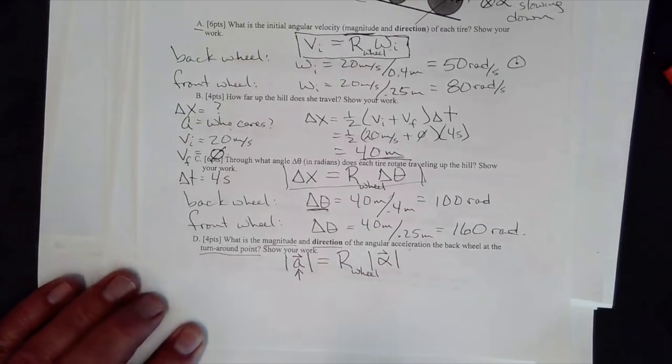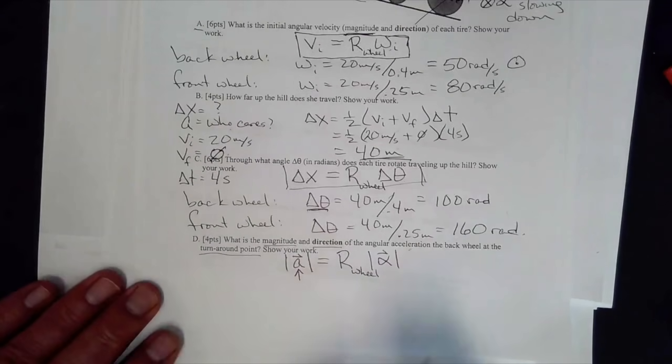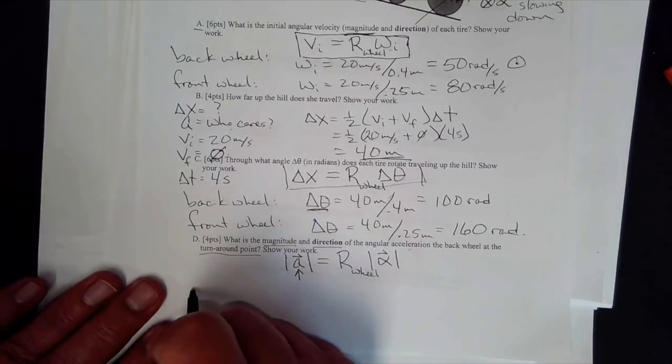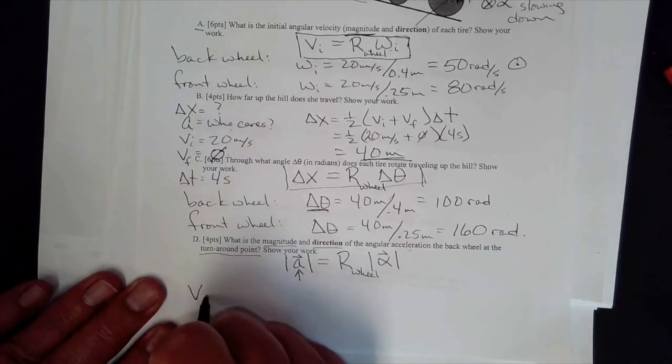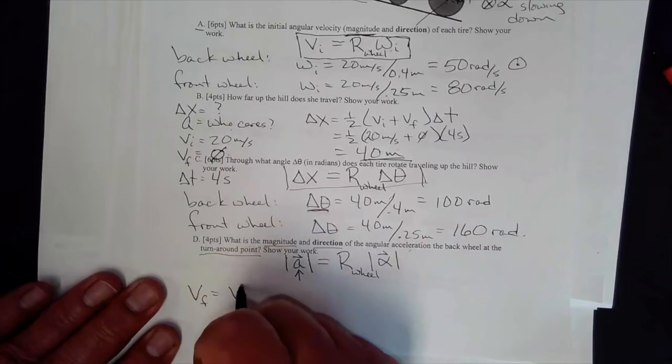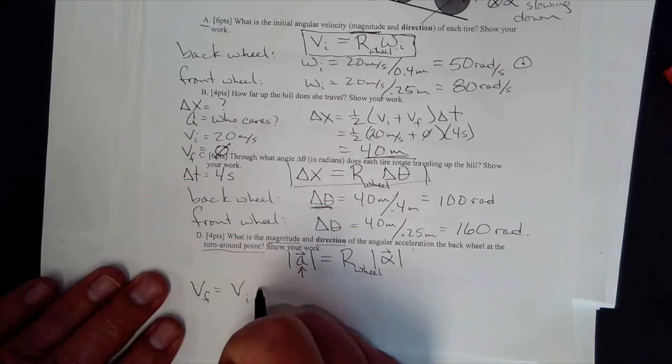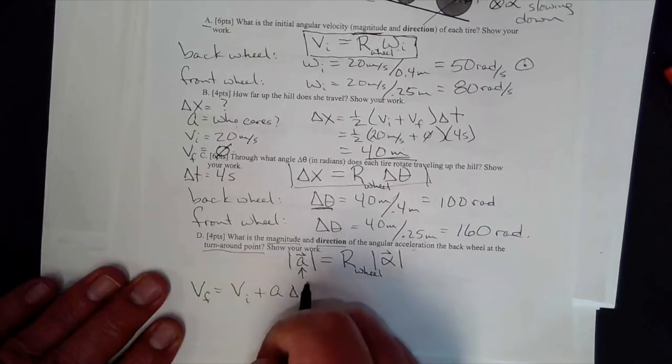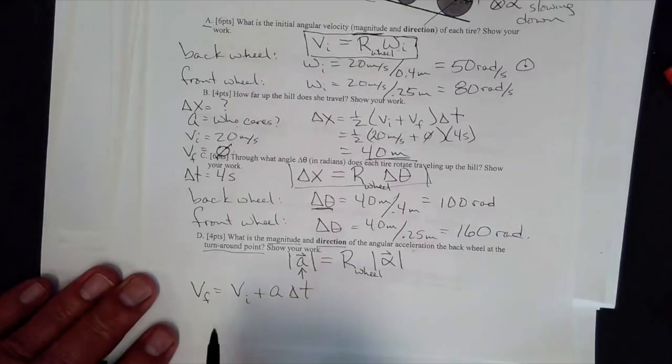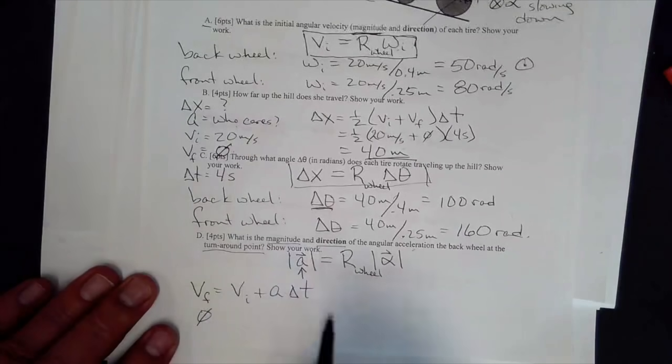And so let's use the equation that doesn't have delta x in it. That would be v final is equal to v initial plus a delta t. So I'm going to have 0 as my final velocity.